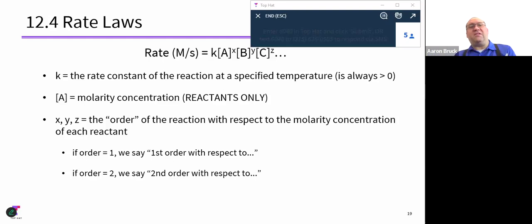And then the exponents are what are called the orders of reaction. And orders give us a relationship value between what the reactant is and what the rate is. And we refer to them in ordinal terms: first order, second order, zero order, and so on.